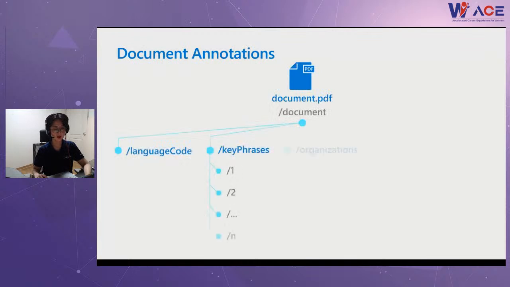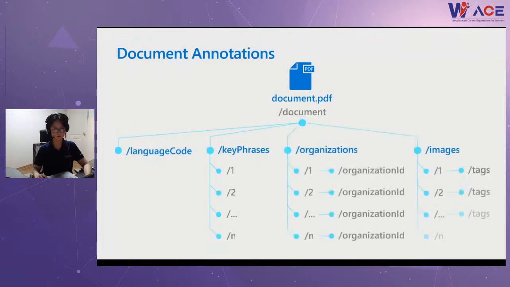So every AI enrichment pipeline with specific cognitive skills can add more structure continuously. Like with language detection, you can detect the language. With key phrase analytics, you can extract key phrases and add them to the original document.